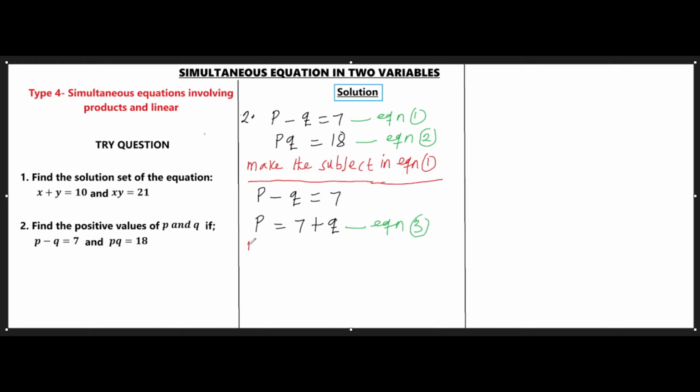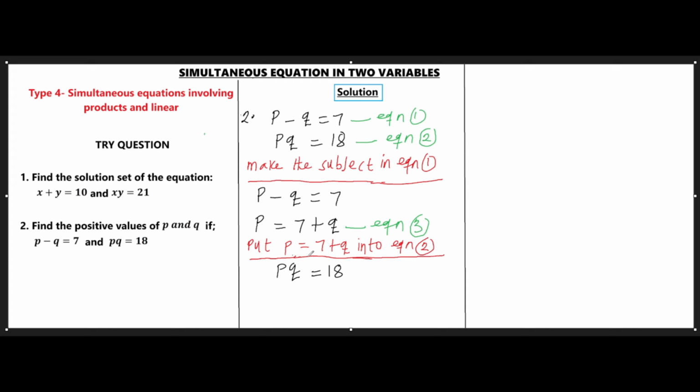We put p is equal to 7 plus q into the product equation, which is equation 2, pq is equal to 18.